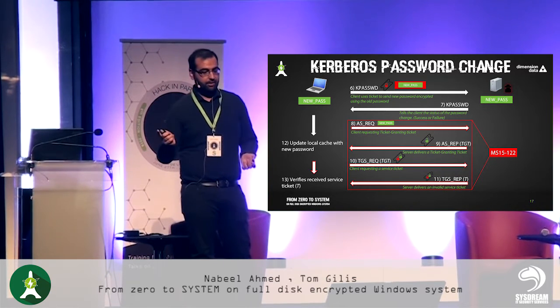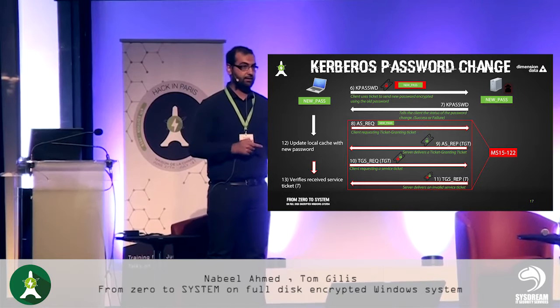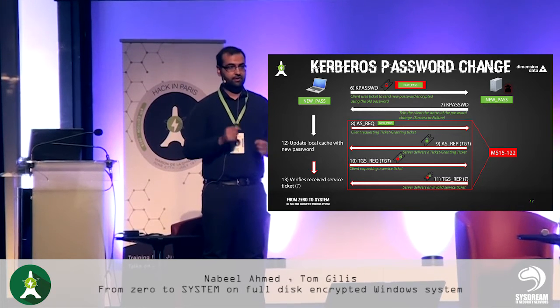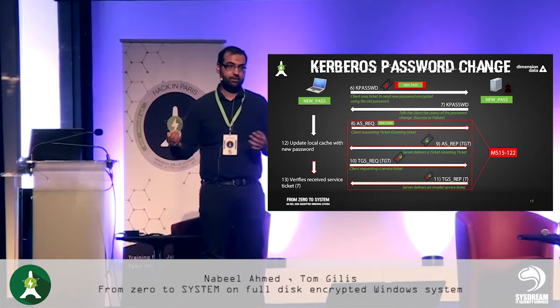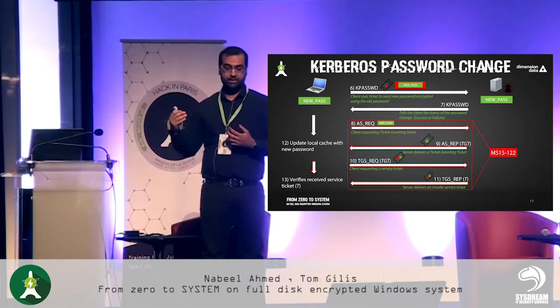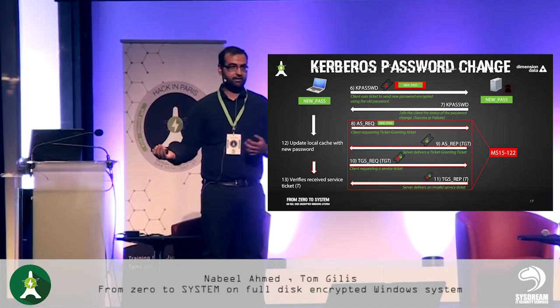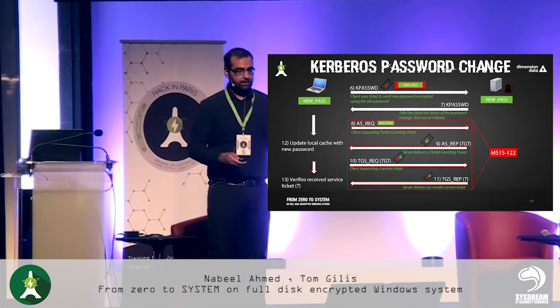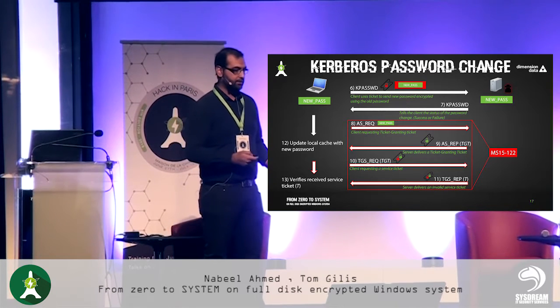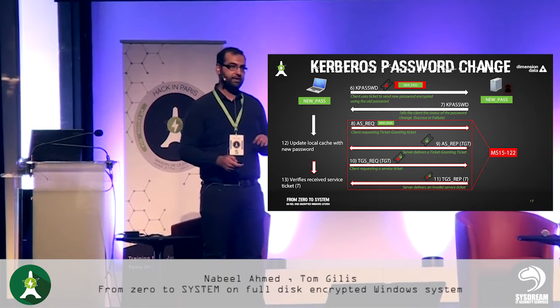And the fake domain controller replies back with an invalid service ticket, because the service ticket is based upon the machine password, which we don't know. So it's something we can't control, but it does send back an invalid service ticket. Then the client changes the password, and after it changes the password, it verifies the ticket.